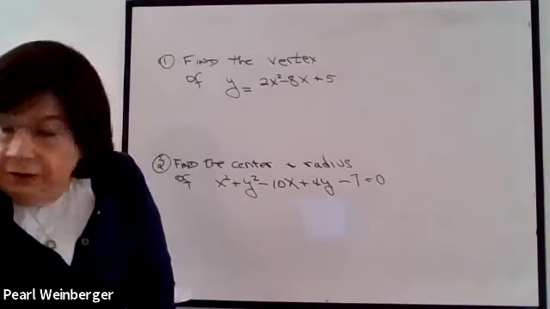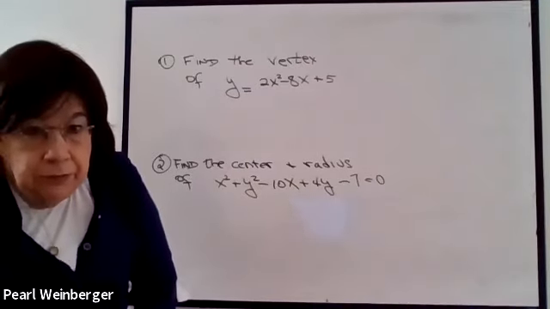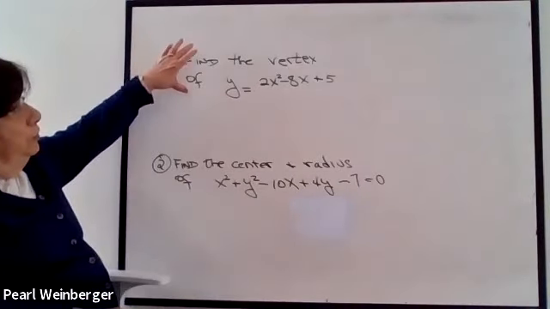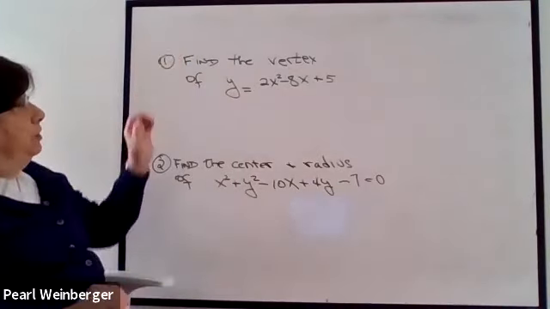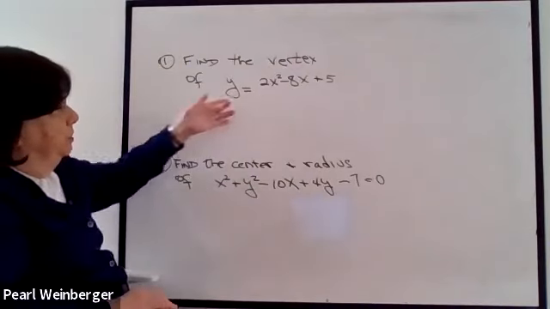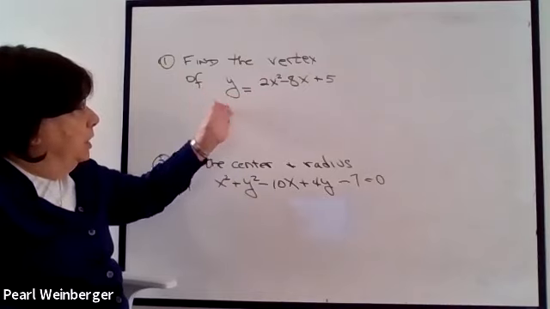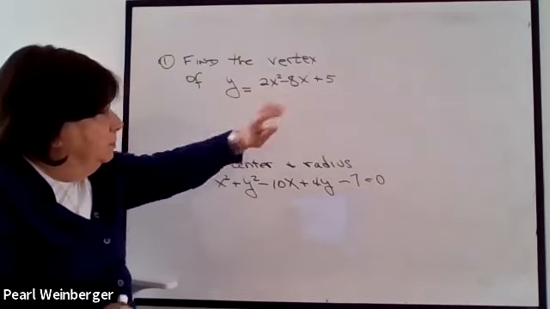Okay, I think we're gonna get started on these problems now. So the first one, we want to find the vertex of the parabola y equals 2x squared minus 8x plus 8.